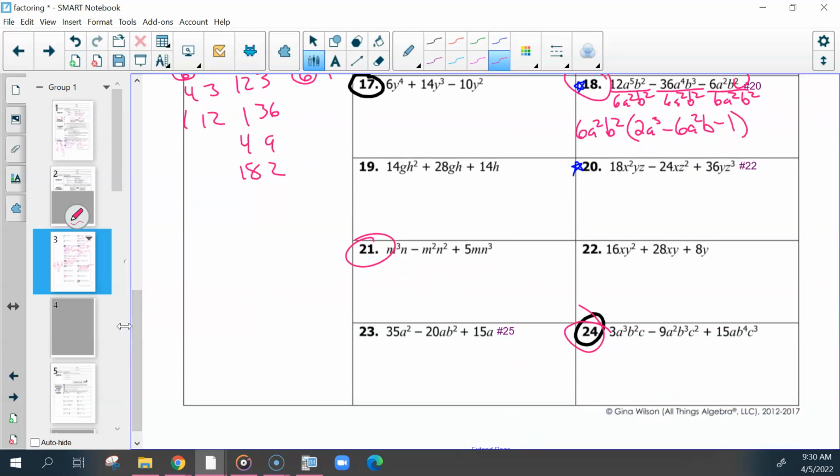For number 21, what would our GCF be? M to the 2nd and M. How many M should we take out? 1. We're dividing each of these by MN.